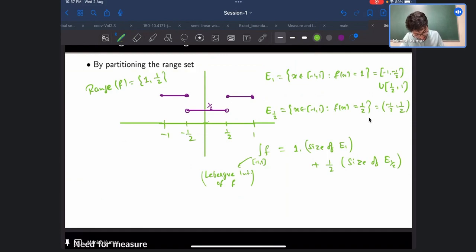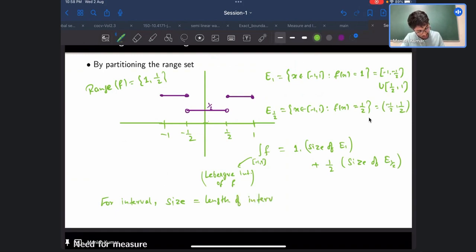Okay, so for an interval, size basically means length. Length of the interval. So for an interval, size is nothing but the length of the interval.